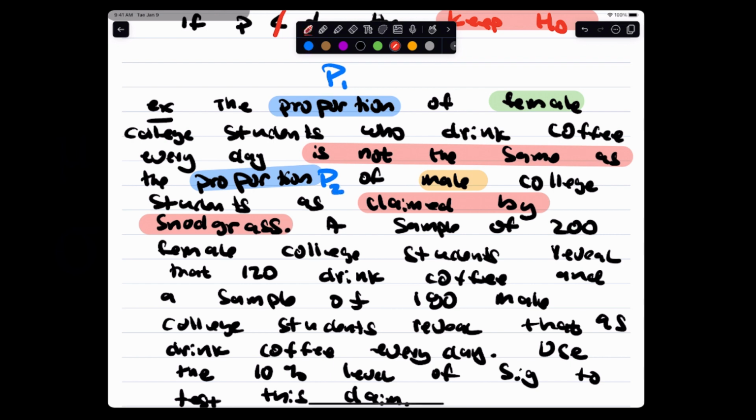What about "is not the same"? What do you guys know? What do we do with that? Which inequality is that if we say is not the same? Anybody know? What does that mean?